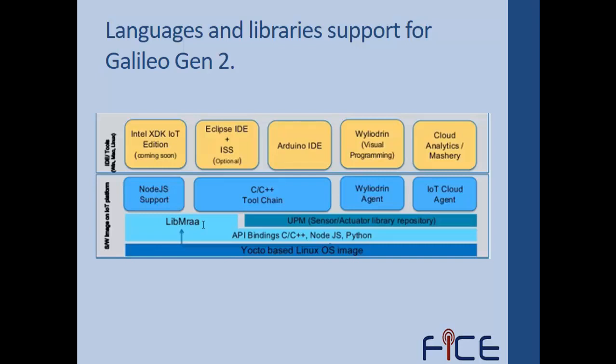Working with all these IDEs or software, we require some libraries. Similarly, we require libraries for JavaScript, C/C++ toolchain, Wyliodrin agent, IoT cloud agent, then the libmraa library, and sensor and actuator library support. All these come under the Yocto-based Linux operating system that we discussed in the previous webinar.